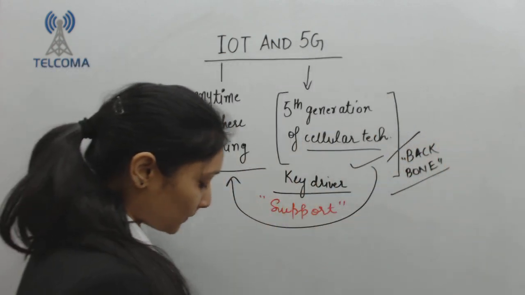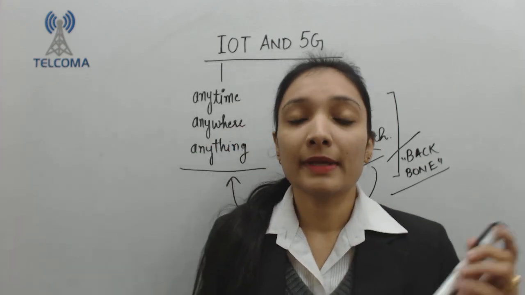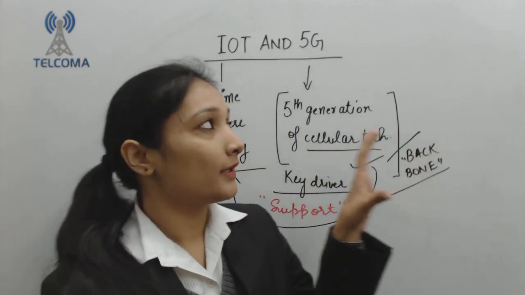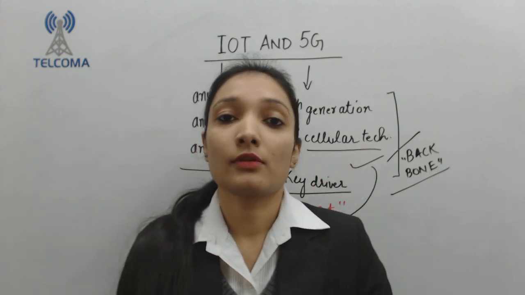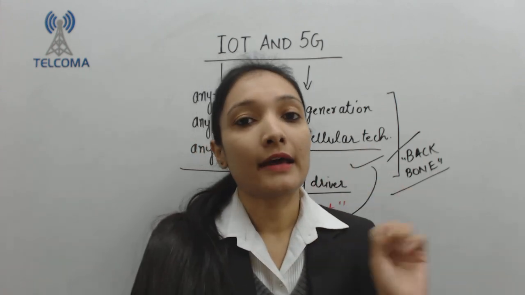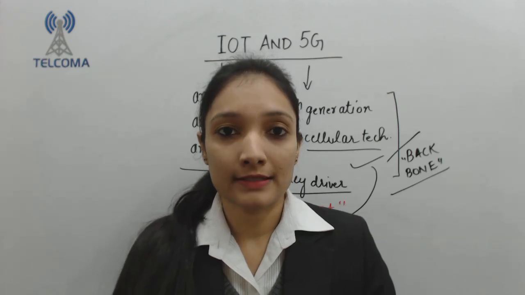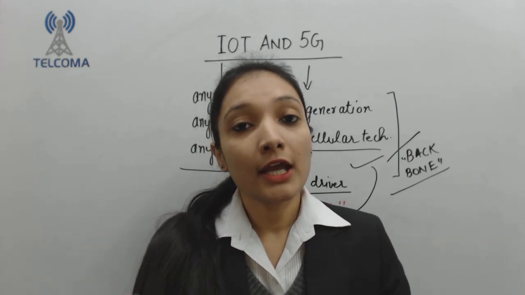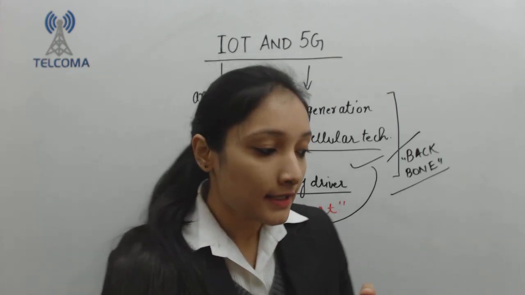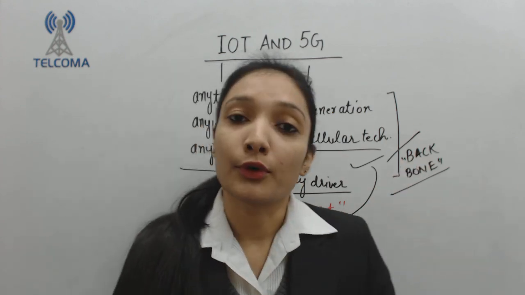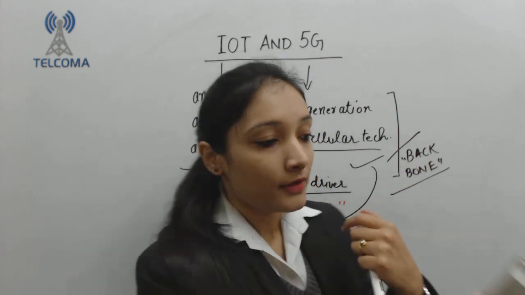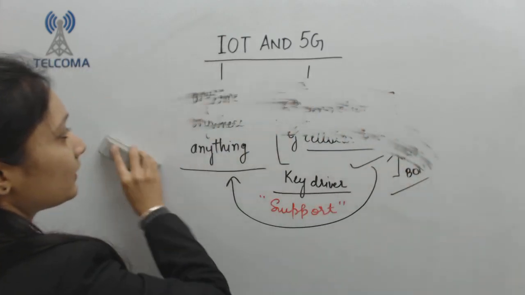Many technologies will be standardized for the fifth generation of technology, and that will have a direct impact on your Internet of Things. It means those technologies are then used by your IoT devices since it is acting as a backbone for your Internet of everything.